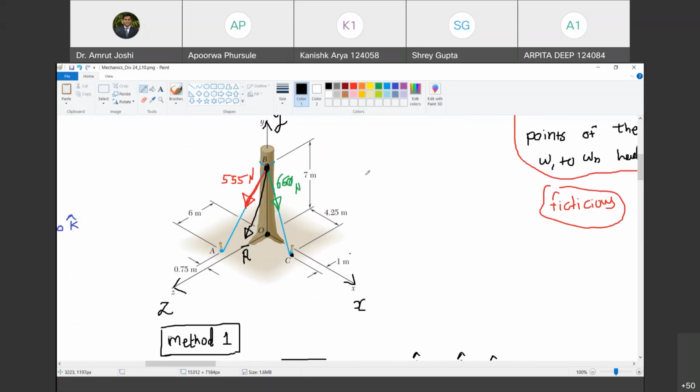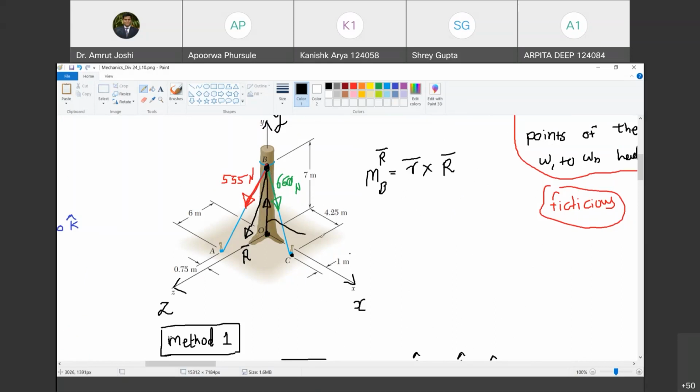So by definition, what is moment of R bar about O? How do I write that? It is going to be position vector r bar cross capital R bar. Capital R bar is the force whose moment we are taking, and small r bar is the position vector. That position vector should be directed from O to B. Do you agree with me? Yes, sir.